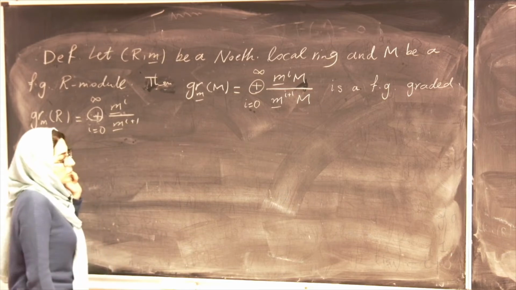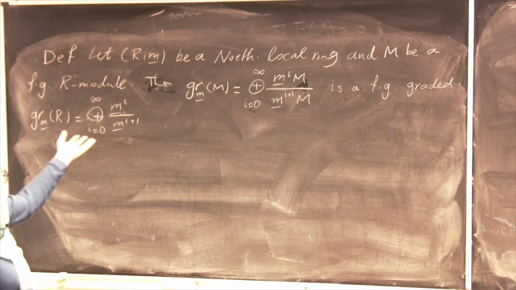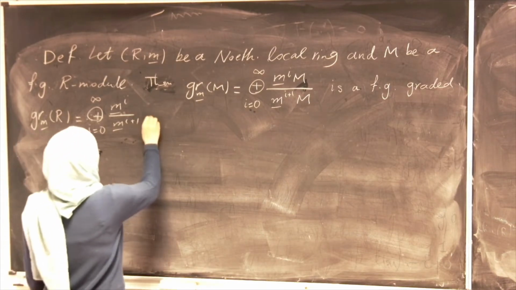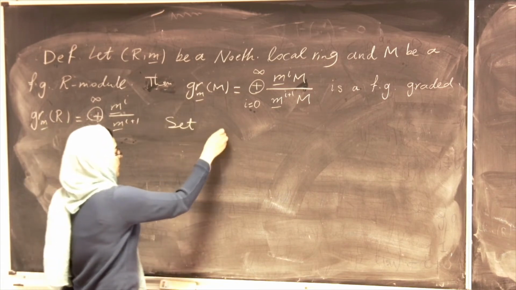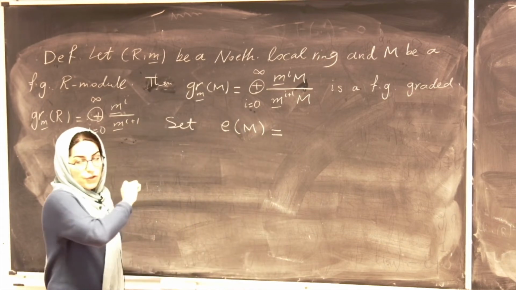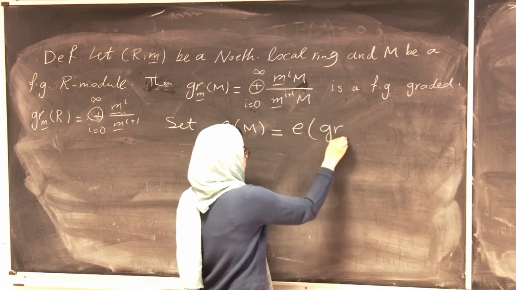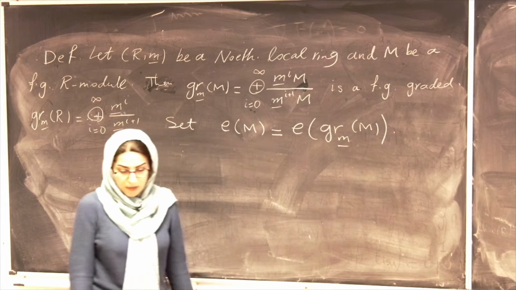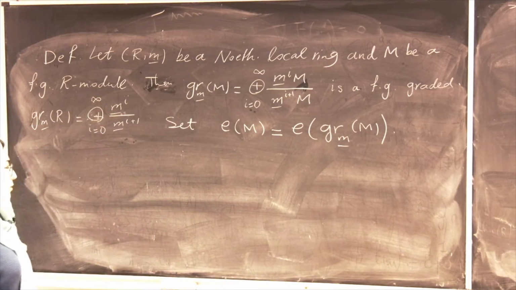So what we did yesterday, we can apply to this module over this standard graded ring. So we can define the multiplicity of M just as the multiplicity of the associated graded module. This is how we define multiplicity for non-graded local rings.